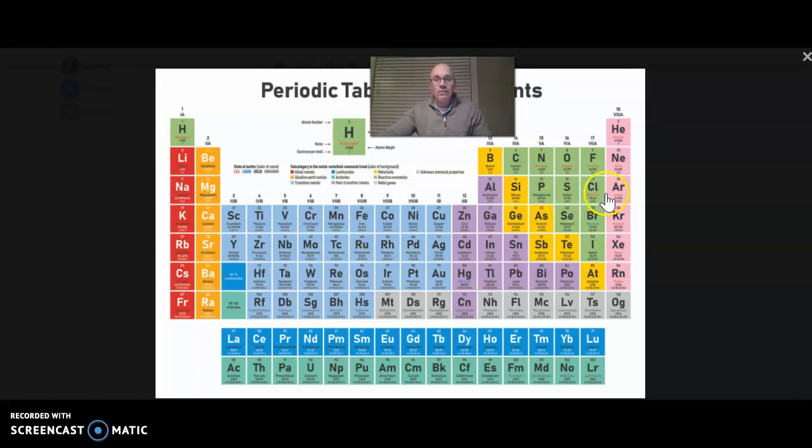All right. So if I had to compare chlorine neutral to chlorine minus, or Cl minus, Cl minus would be bigger. All right. So, but if I was to compare sodium to sodium plus, Na plus, the neutral sodium would be larger, because by comparison, something that is neutral is more negative than something that is positively charged.